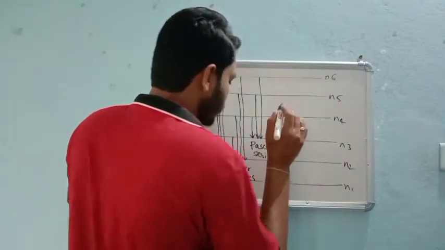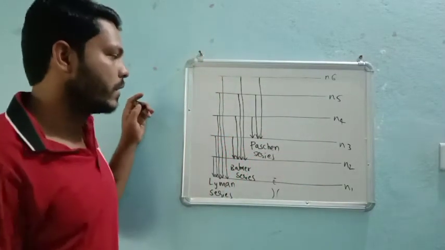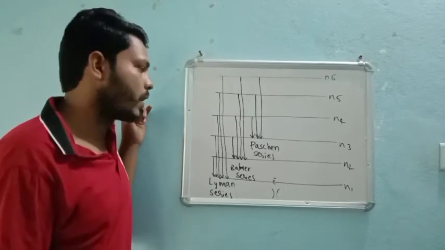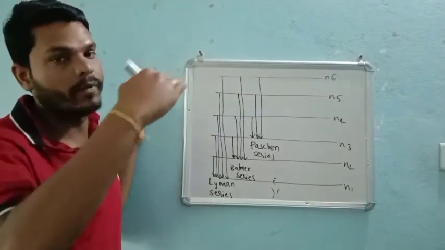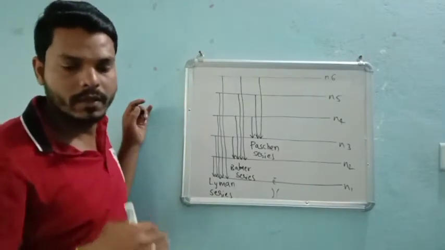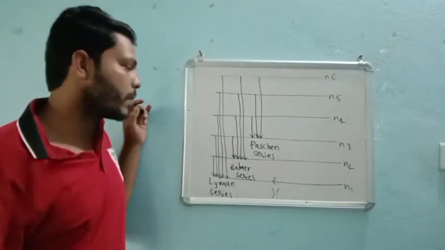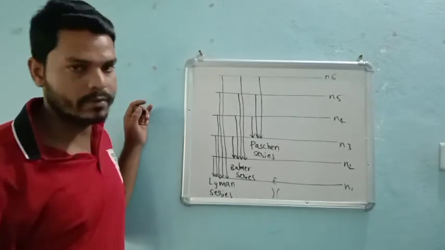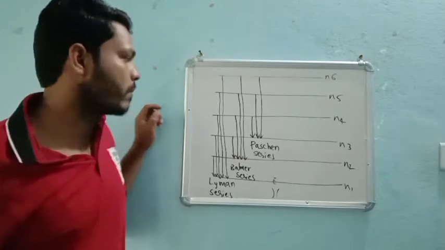According to Paschen, the ground state energy level of the hydrogen electron is the third level, not second or first, right? He has completely rejected Lyman as well as Balmer. And one more scientist came.